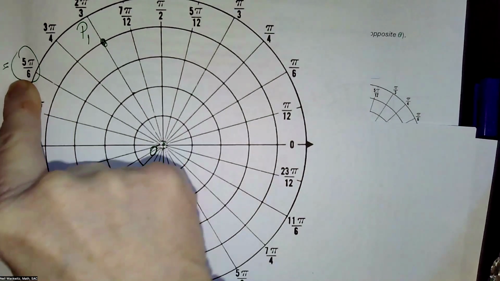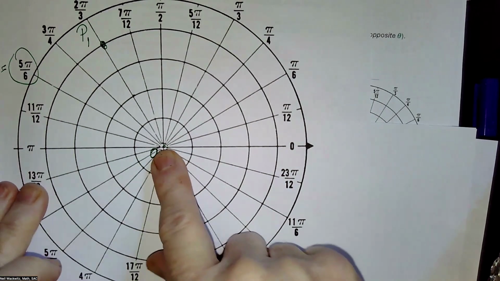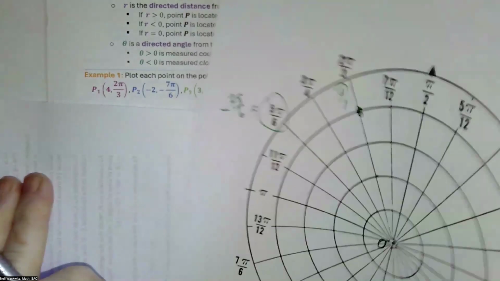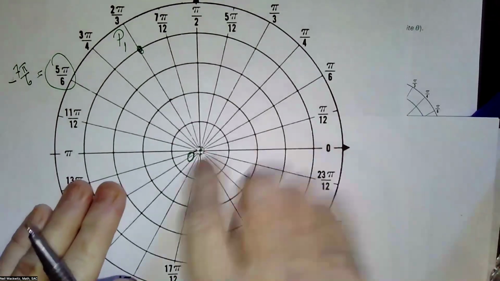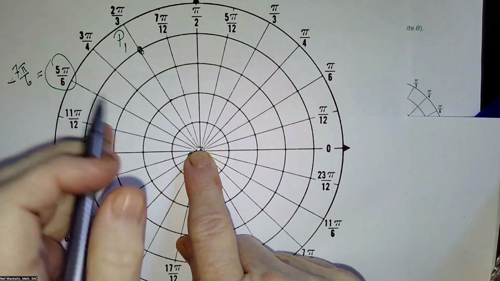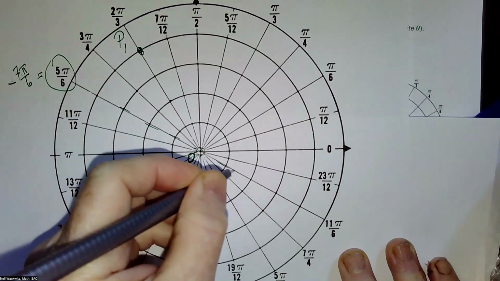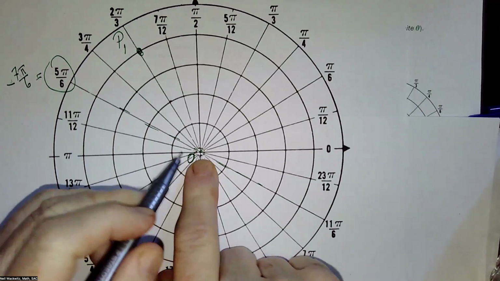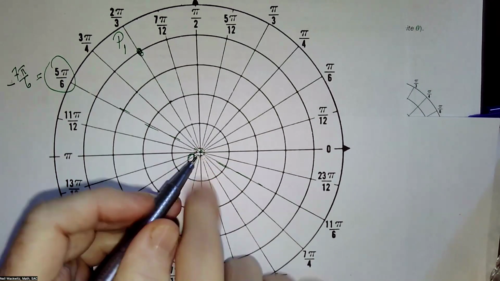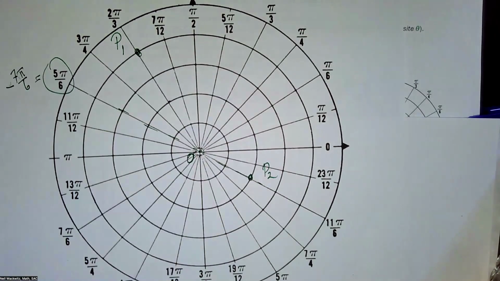So this is equivalent to -7 pi over 6. We go to the pole, and r was -2. Is that right? Yes. r is -2, so we're going to go opposite the angle. So here's our angle. And we're going to go along this line opposite the angle. So 1, 2. And there's our point P2.